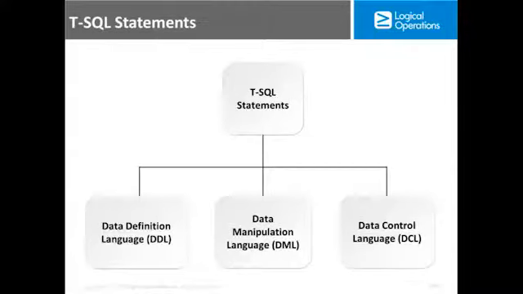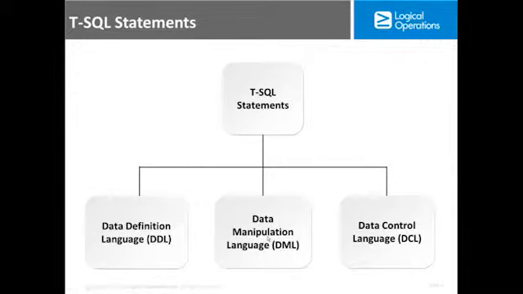With Transact SQL, we have statements, but there are three types of statements. There's the data definition language, the DDL, which we use to create things. Whenever we create tables, we create databases, we alter these tables, we delete or drop these tables. So when we create, alter, delete objects, we are using data definition language, DDL.